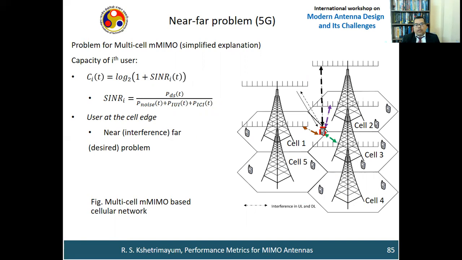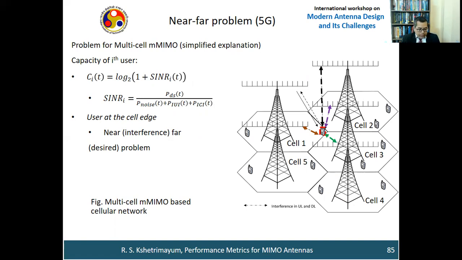It's even closer than the distance to the base station antenna of the home cell 1, because the user at the cell edge is very far away from the home base station, but very close to the neighboring base stations of the cells 2, 3, 4, and 5.